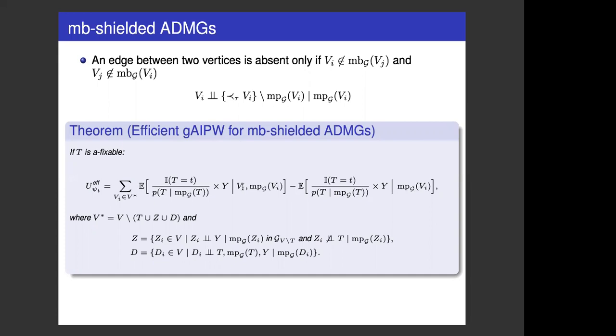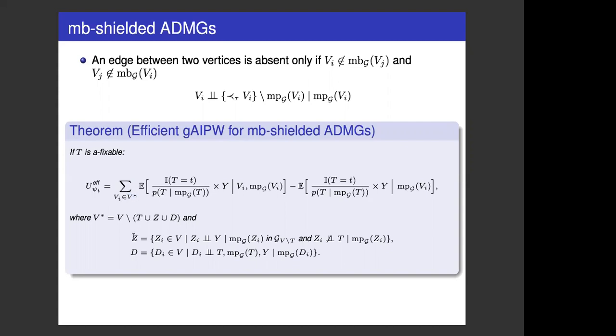And the other thing is that not all the vertices in the ADMG are going to contribute to the efficient influence function. So basically this is not over all V, it's just a restricted set. So which vertices don't add anything to the efficient influence function? One is just the treatment.